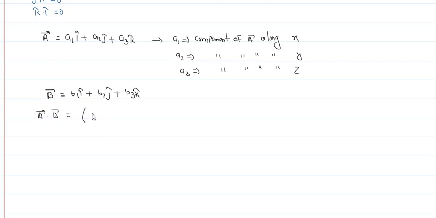So A1 i cap plus A2 j cap plus A3 k cap dot B1 i cap plus B2 j cap plus B3 k cap.